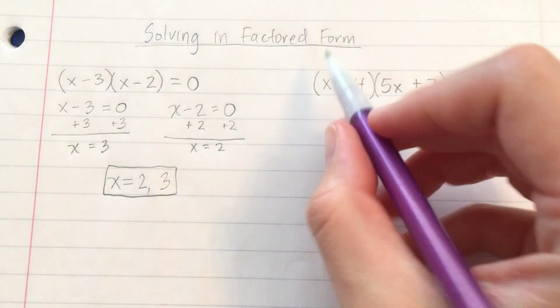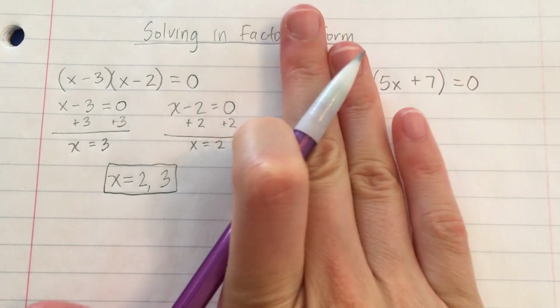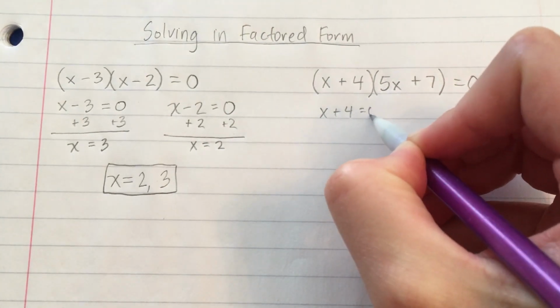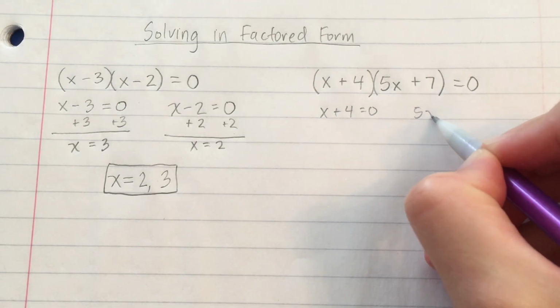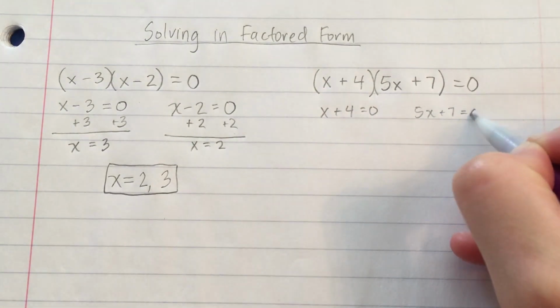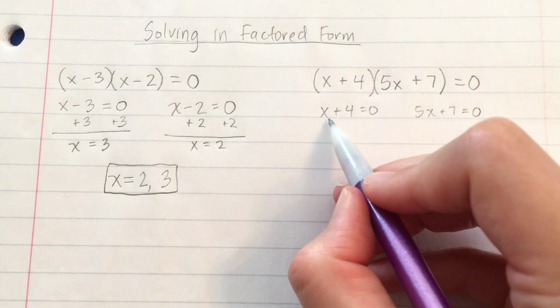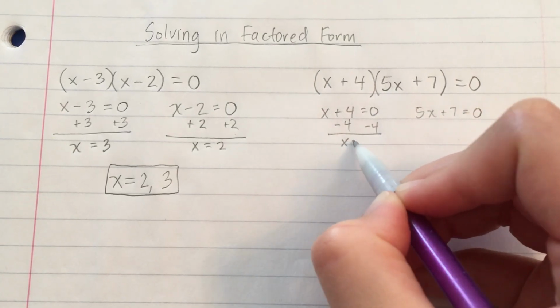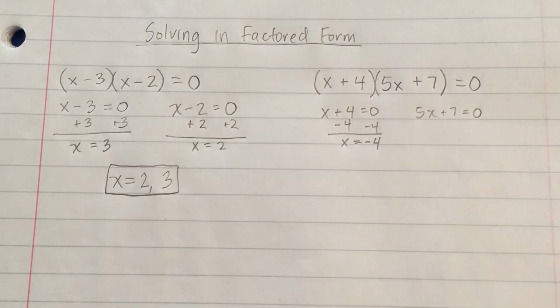Then either this number could equal 0 or this number could equal 0, right? Those are the possibilities. So either x plus 4 equals 0 or 5x plus 7 equals 0. If x plus 4 equals 0, I subtract 4 from both sides and I get x equals negative 4.